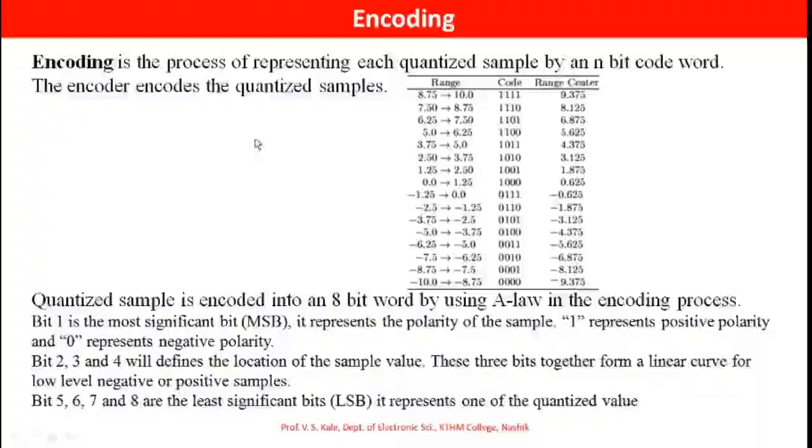Let us see the encoding. Encoding is the process of representing each quantized sample by an n-bit code word. The encoder encodes the quantized sample. Let us take an example: voltage levels are minus 10 volt to plus 10 volt, and minus 10 volt to plus 10 volts are divided into 16 quantized levels.